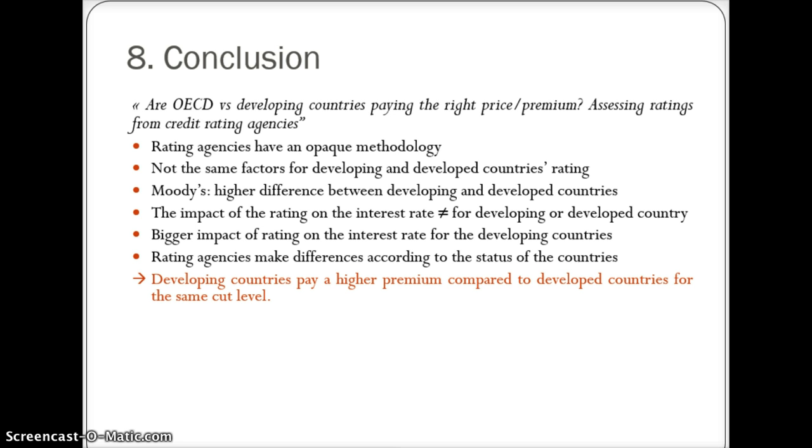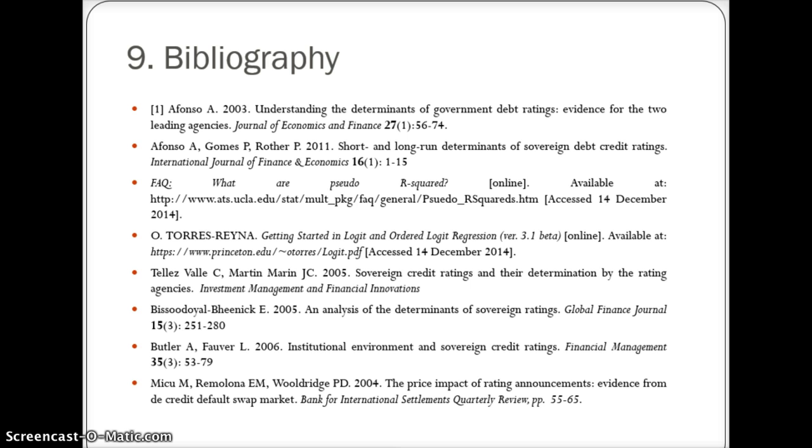Specifically, we can see that the impact of rating on the interest rates is bigger for the developing countries than for the other ones. Therefore, we can expect that the rating agencies pay attention to the status of the countries, developed versus developing. This means that developing countries pay a higher premium compared to developed countries for the same cut level. The bibliography.